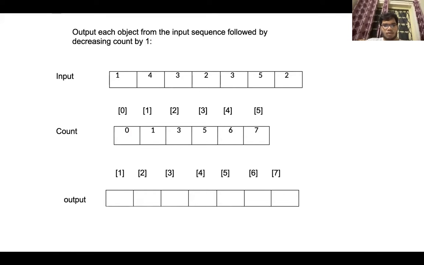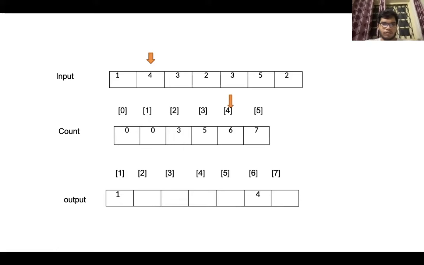So here 1 is going out, and in the count array the index 1 contains position 1. So in the output array position 1 is occupied by 1. In the same way 4 occupies position number 6.